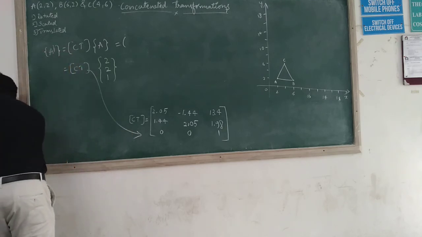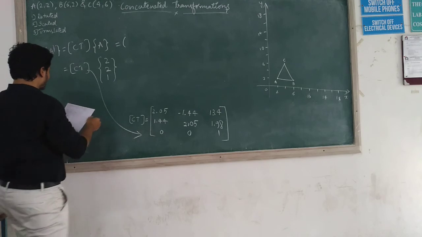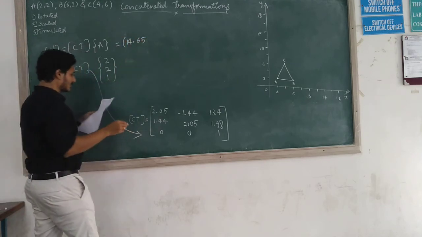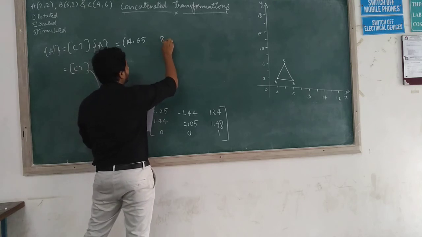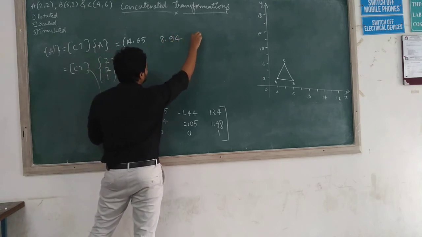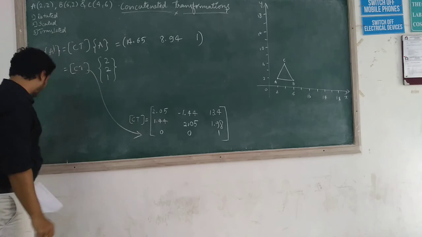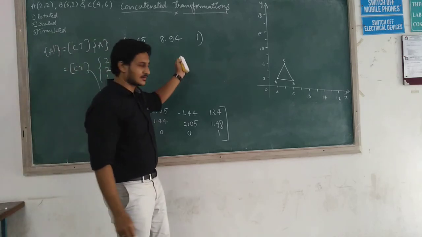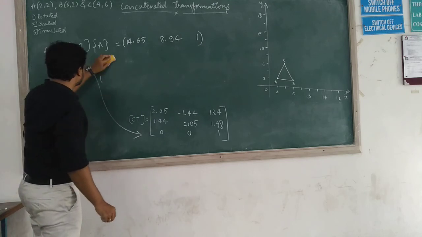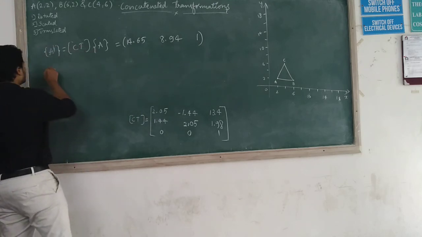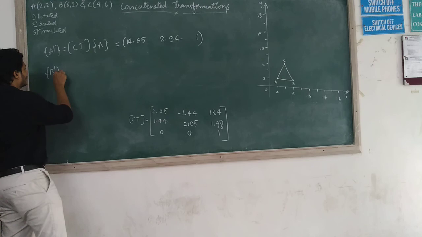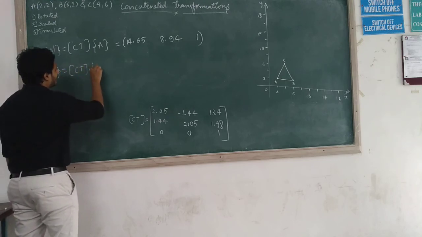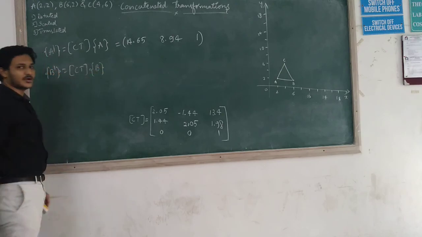Let me write it directly: 14.65, 8.94, and this one remains the same. So these are the transformed points. Next comes B dash, that is the same concatenated transformation multiplied with the point B.